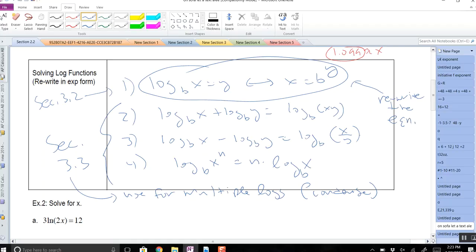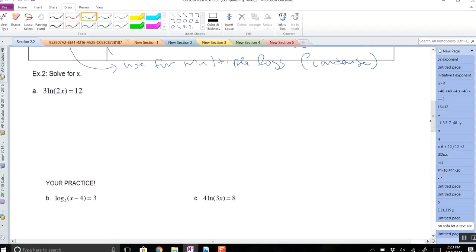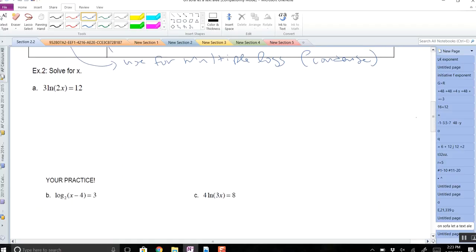And you'll want to isolate the log first. So in this case, for example 2, part A. Actually, there's parts B and C, but we'll do part A. Divide by 3. So ln 2x equals 4. Remember, ln is log base e.